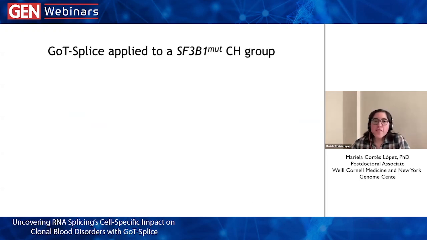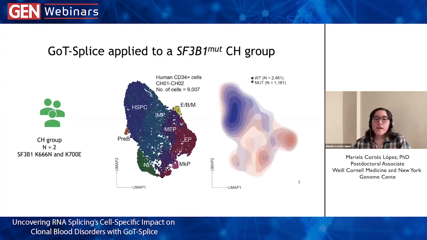So GoT-Splice, we decided to apply it to a clonal hematopoiesis group. In this case, this group was a little bit smaller, only 2 individuals with different mutations in SF3B1. But in these individuals, we were also able to recover all the different hematopoietic progenitor populations, similar to the ones that we detected in MDS.